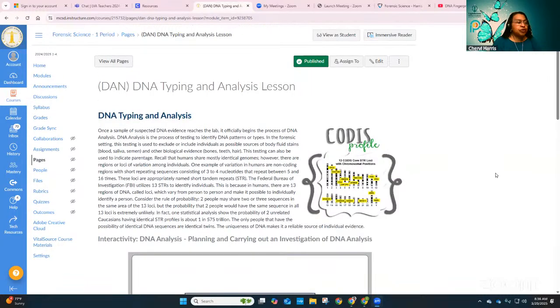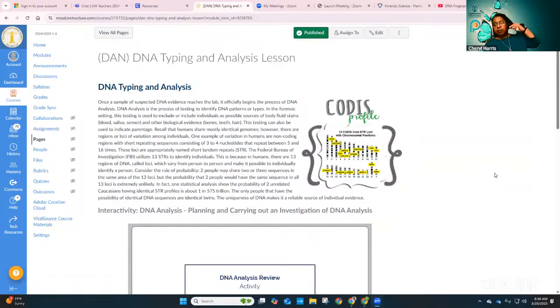All right, if you've turned in your PowerPoint quiz questions from yesterday, go to Canvas and read over this section on DNA typing and analysis.